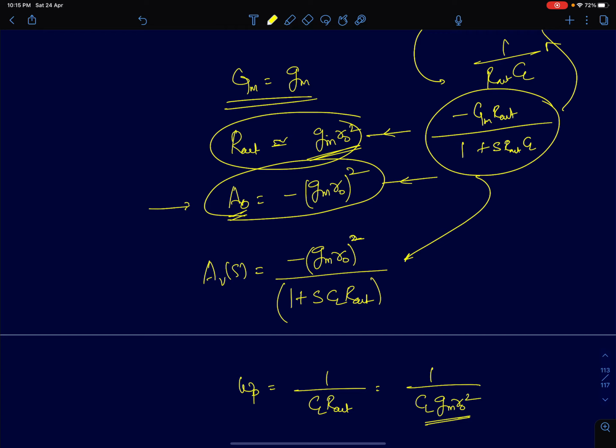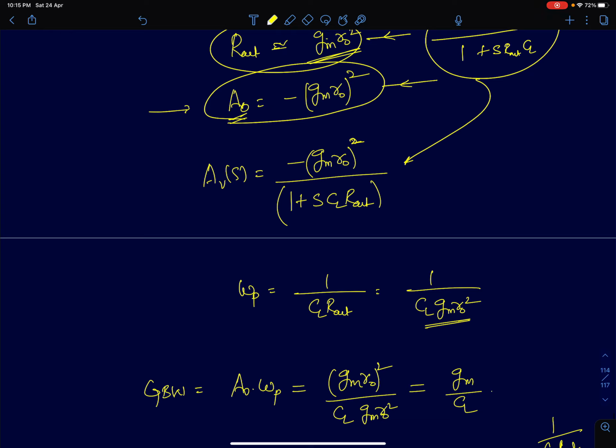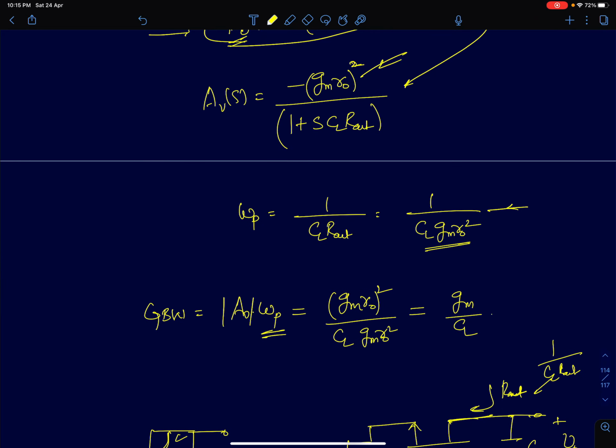This is minus (gm r0) the whole squared by 1 plus s CL Rout. Now the pole for the circuit is at 1 by CL Rout, so it's given by 1 by CL into gm r0 squared. The gain bandwidth product: the DC gain is minus (gm r0) the whole squared. I am taking the magnitude of A0 times omega p, which is the 3 dB bandwidth, and you can very easily show it's Gm upon CL.